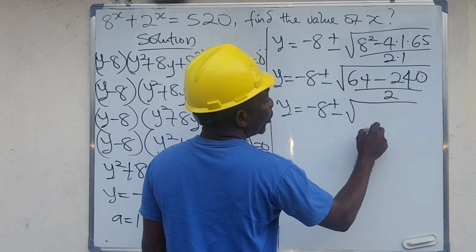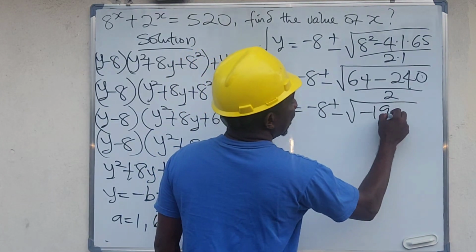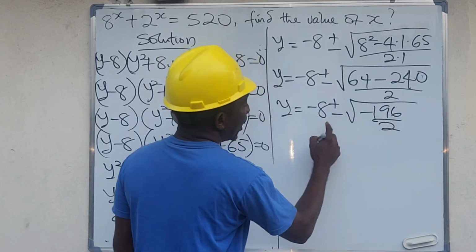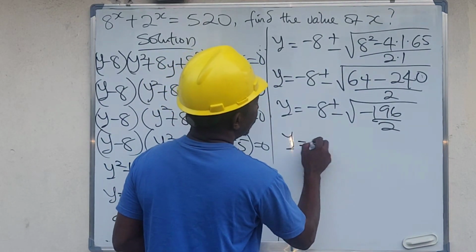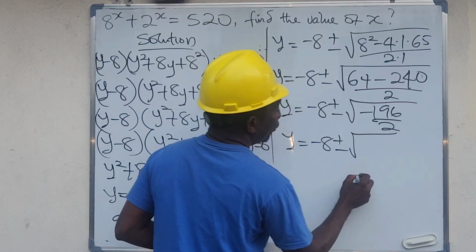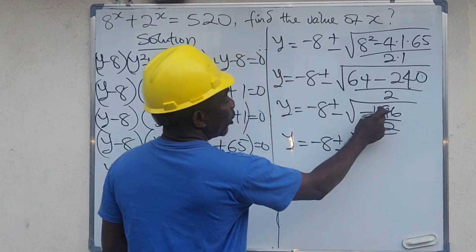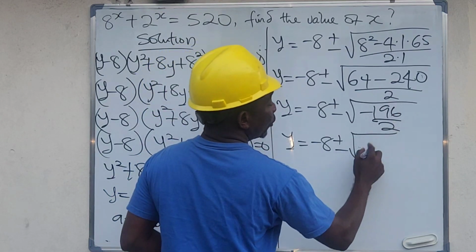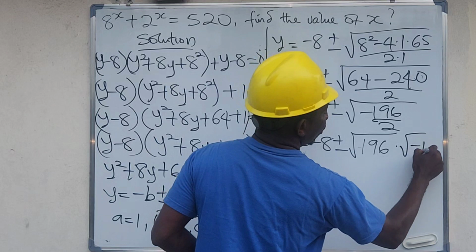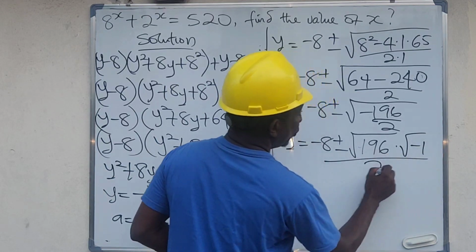So in this case, we have y equals minus 8 plus or minus the square root of 64 minus 240, which gives us minus 196, all over 2. So this will cancel here. We have y equals minus 8 plus or minus the square root of minus 196, which is the square root of 196 times the square root of minus 1, all over 2.